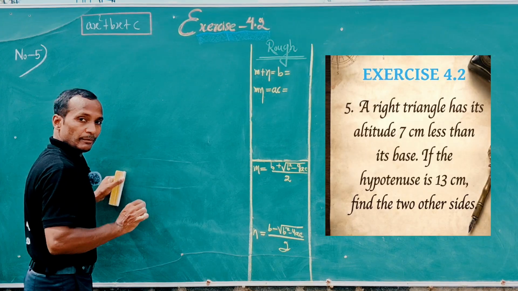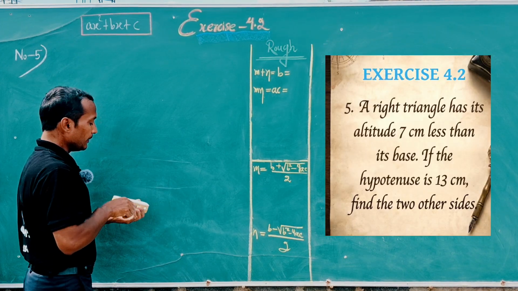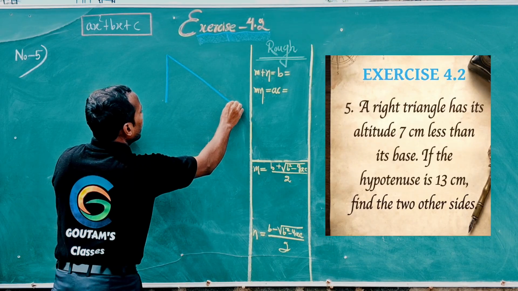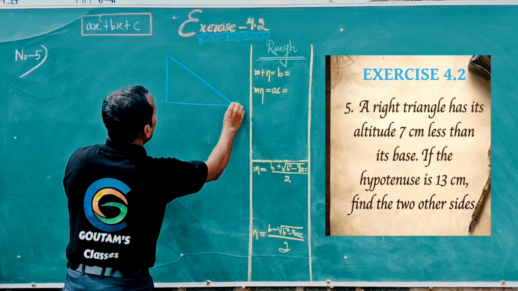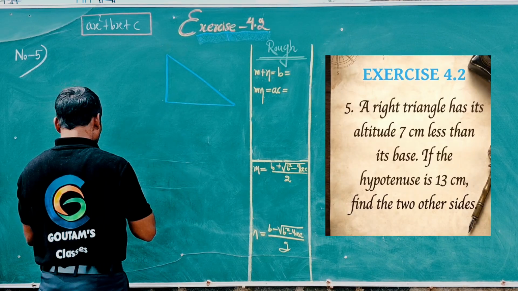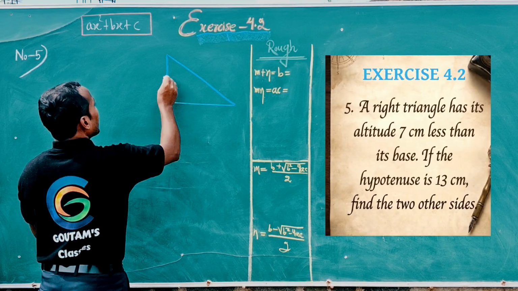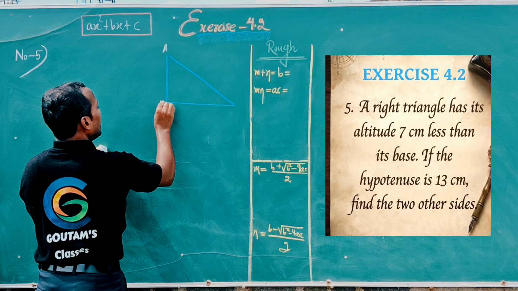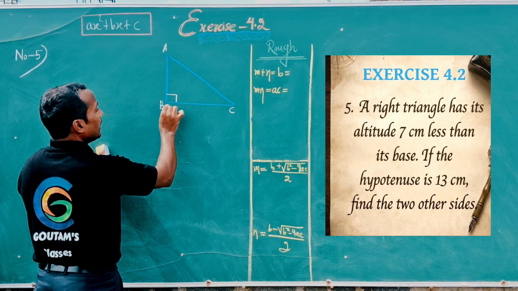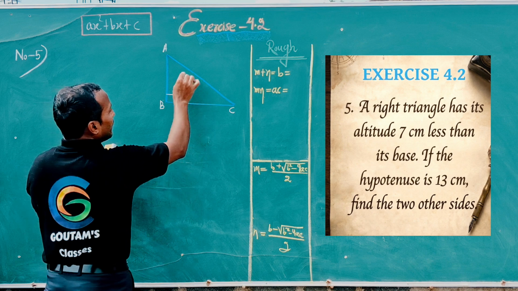First of all, let me draw a right angle triangle for you here. Here, ABC is a right angle triangle. I am naming it triangle ABC with B as right angle and hypotenuse is AC.